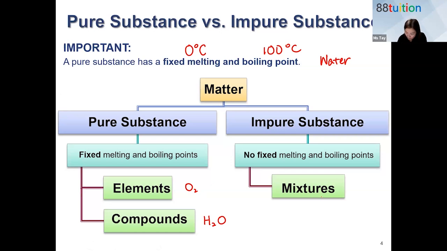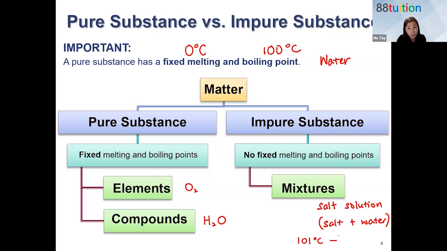So mixture, for example, I have salt added into water. This is called salt solution. It's a mixture of salt plus water. When I try to test, let's say, the boiling point of salt solution, I see that it starts boiling. You see all the bubbling coming out, maybe starting at 101 degrees Celsius.